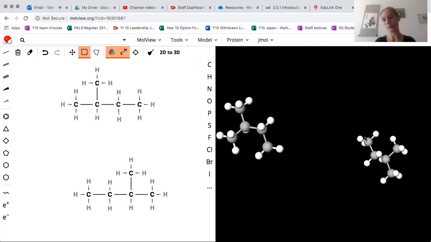You could take the bottom one, flip it over, and it would look exactly the same as the top one. This happens quite often, sometimes including the end going around a corner and then drawn the other way around with the end going around the other corner. Making both mistakes at once, they're still not isomers of one another.